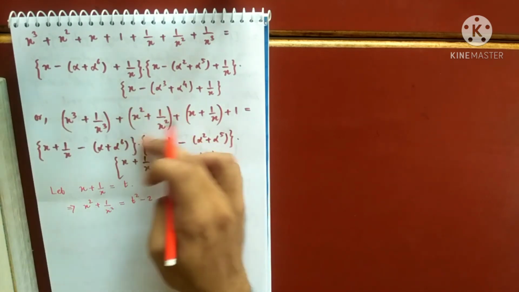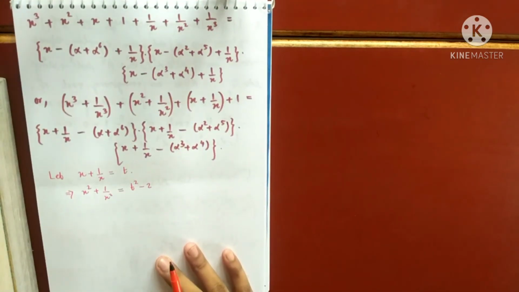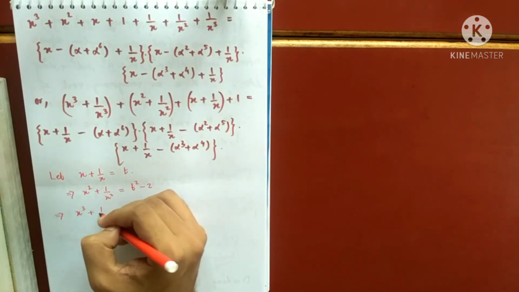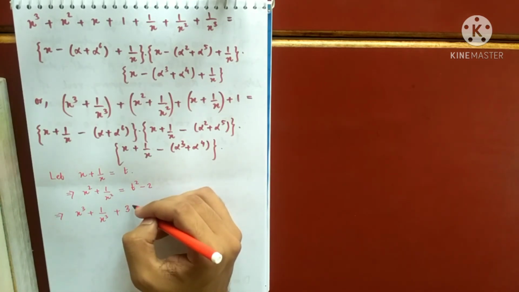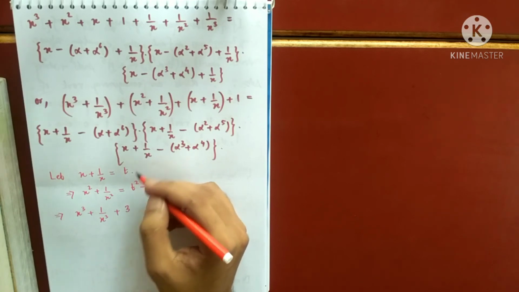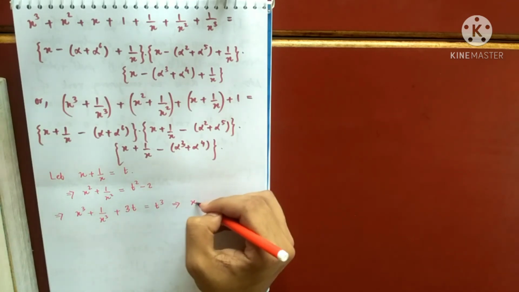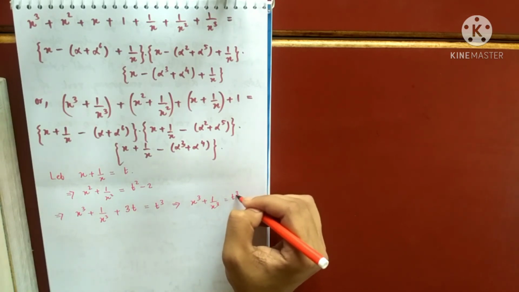The value of this is t square minus 2. And if I cube both sides, a cube plus b cube plus 3ab times (a plus b): 3 into x into 1 by x is 3, and in bracket a plus b, that is x plus 1 by x, that is nothing but t, equals t cube. So what is the value I am getting for x cube plus 1 by x cube? It is t cube minus 3t.